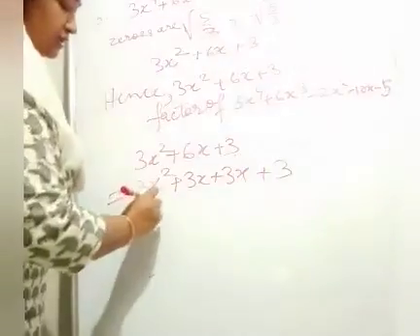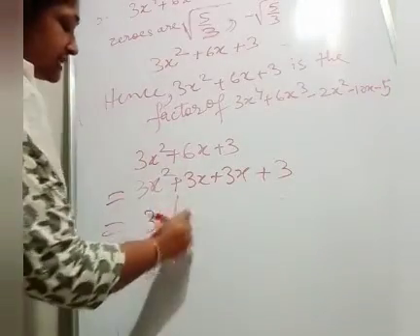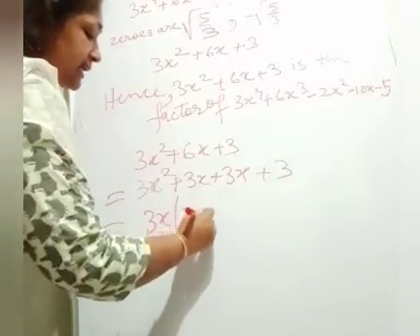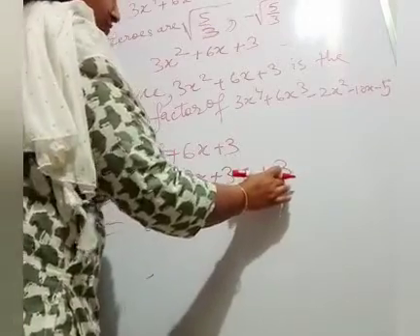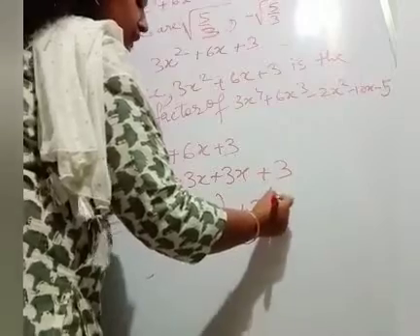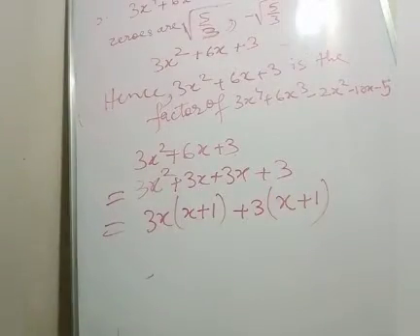Okay students, now take 3x as the common from 3x square plus 3x. It will become x plus 1 will remain in the bracket, and again from 3x plus 3 you will take 3 as the common, then x plus 1 will remain in the bracket.